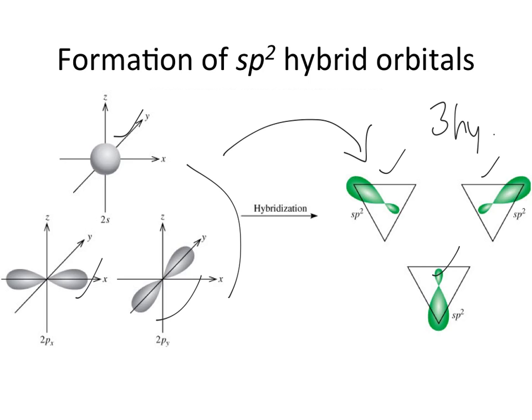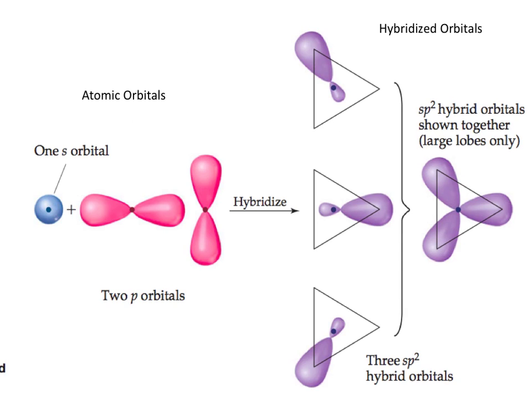Okay, so anytime we're looking at hybridization, the number of atomic orbitals that we mix is going to be equal to the number of hybrid orbitals that we get out. So in this case, sp2 hybridized, I've taken 1 s and 2 p's. I've mixed them together to give me 3 sp2 hybridized orbitals. Okay, so when we take those atomic orbitals, we mix them and get our hybridized orbitals.